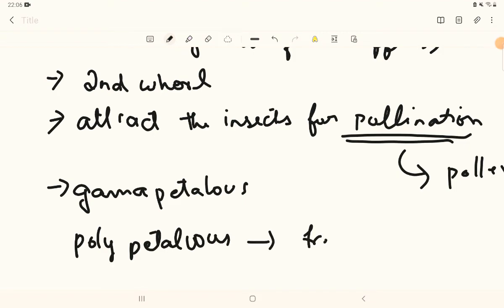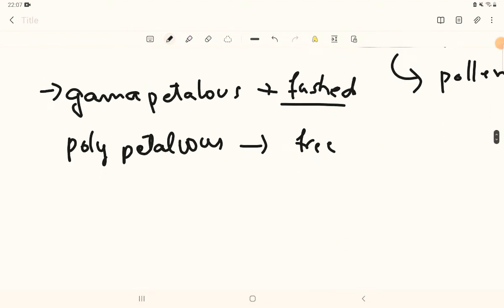Here they are free. Here they are fused.